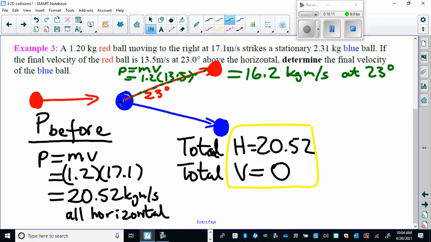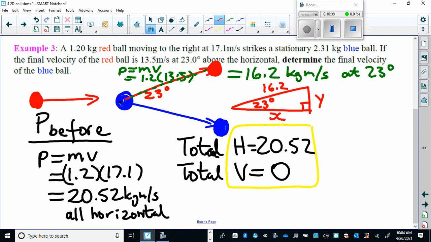So here's what we have. I'm sorry, it's going to be a little haphazard on the board, but you can figure that out. So we know that the hypotenuse is 16.2. We know that this is 23 degrees. And we know that that momentum vector has an x component and a y component.